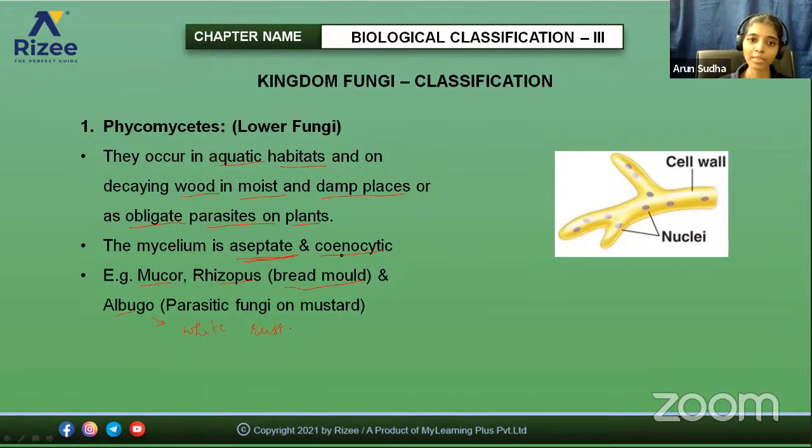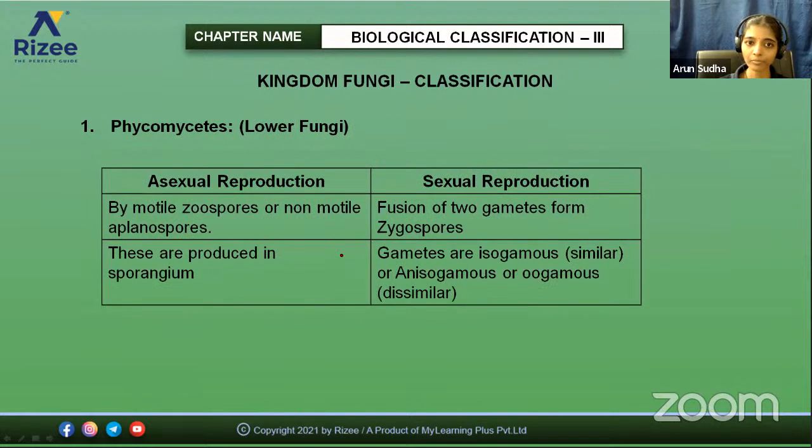Many questions may come on this. For example, they'll give us Rhizopus, and ask whether it is a Phycomycete, Ascomycete, or Basidiomycete, and what type of fungi. So we have to be clear with it. Remember the examples. Make a tabular column and study so that it will be easy for you to remember things.